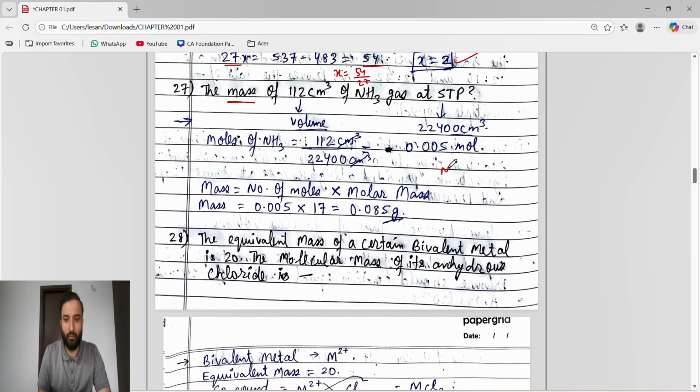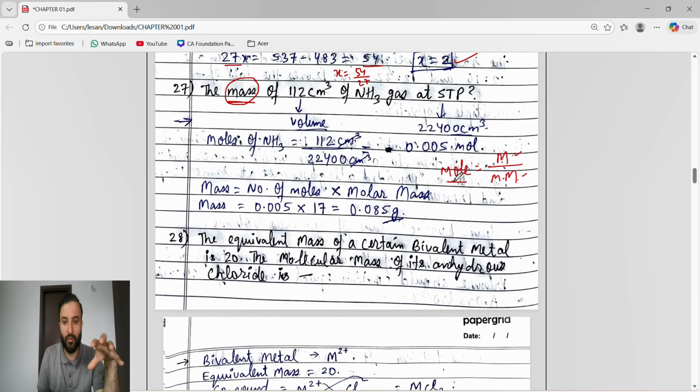Number of mole is given mass by molar mass, correct? So whenever they say to find the mass, we will write down the mole formula: either given mass by molar mass, if mass is given; if volume is given, then given volume by STP; if particles are given, then given particles divided by Avogadro number.